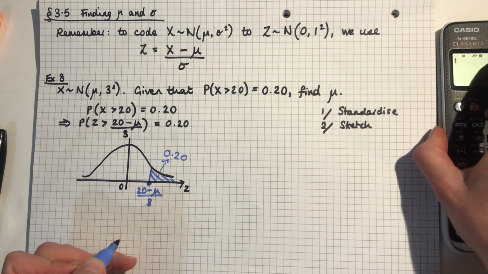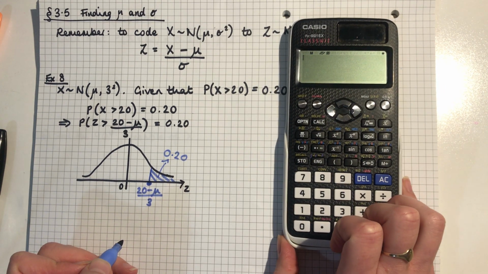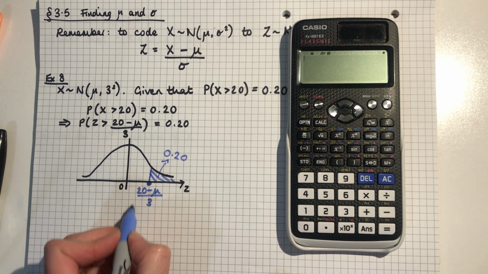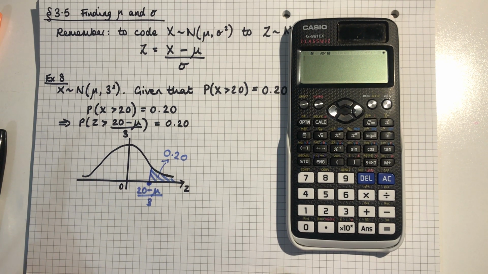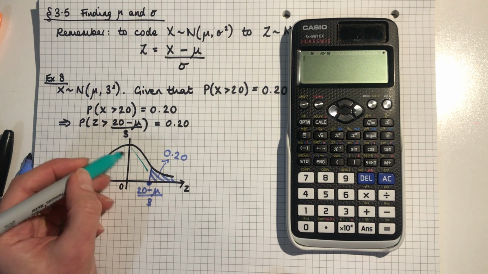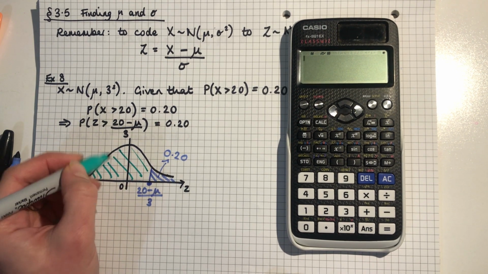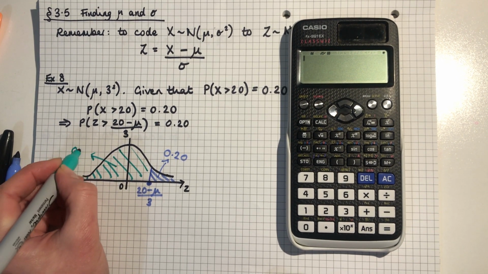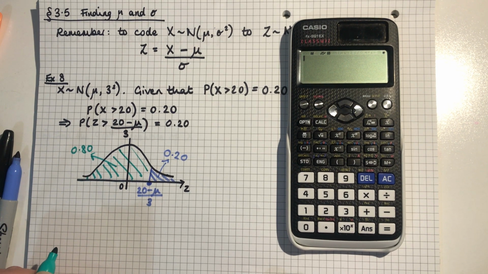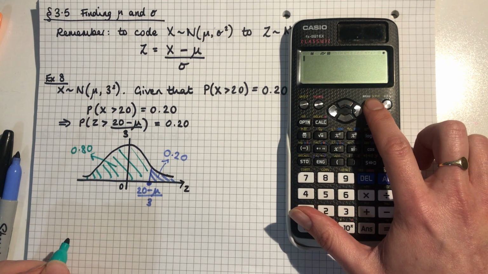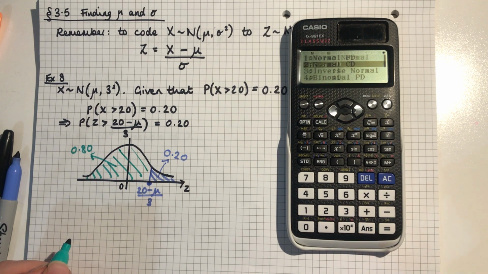So at that stage, we're going to come to our calculator because we want to find out what this value actually is. Don't forget on your calculator for inverse normal, it always works out the area to the left of a value, or it works based on that. So we need to work using 0.80 here. So we have got our inverse normal there.